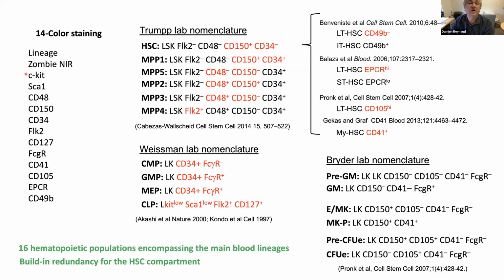So this indicates that with 14 colors, we have direct access to 16 hematopoietic populations, which encompass all main blood lineages: the myeloid, erythromegakaryocytic, and lymphoid, with the CMP.